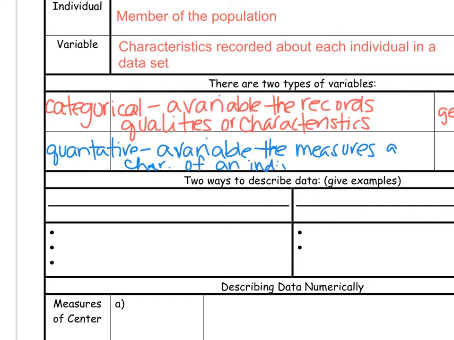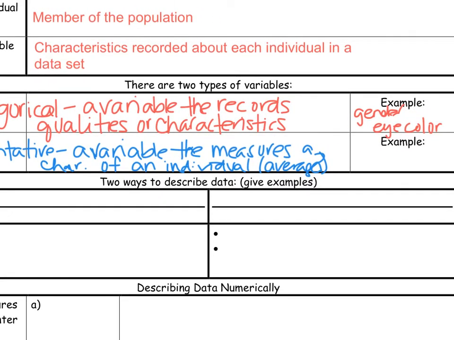And if we can find the mean of that, so if we can find an average, can we find the average? Then it's quantitative. If we can't, then it's categorical. And for example, a quantitative variable might be height, it might be age, it could be weight. Those are quantitative characteristics.